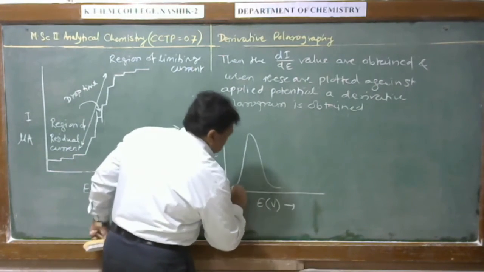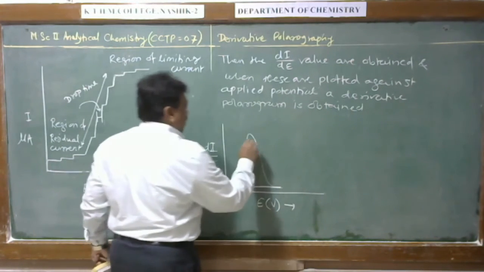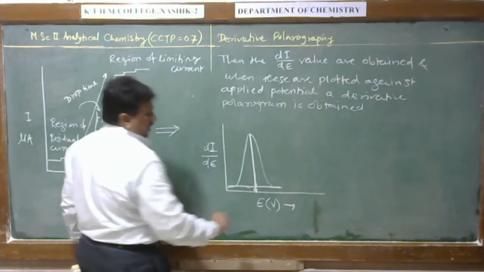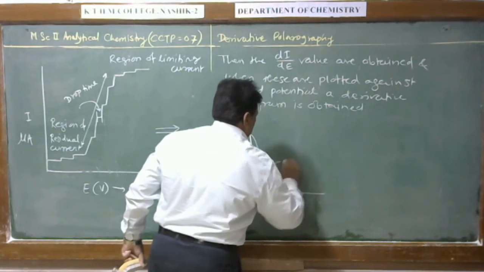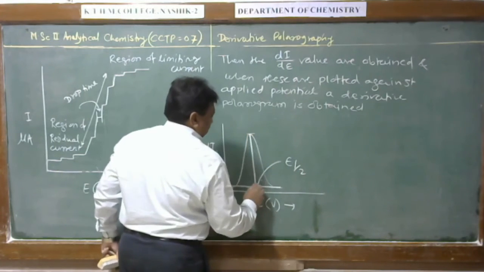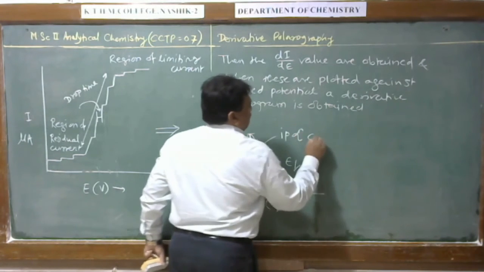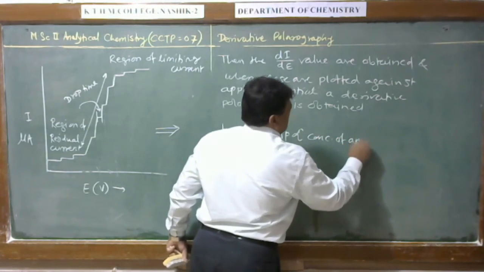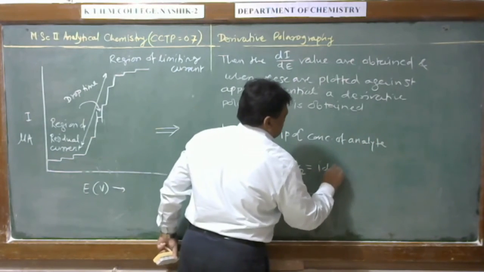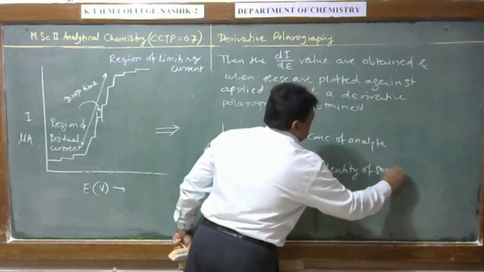In this case, this is the baseline which we can easily draw on this graph, and this is the potential axis. This is the half wave potential, E1/2 value, and this is the peak current, or Ip. This Ip is directly proportional to the concentration of analyte, and the half wave potential is the identity of the sample or analyte.